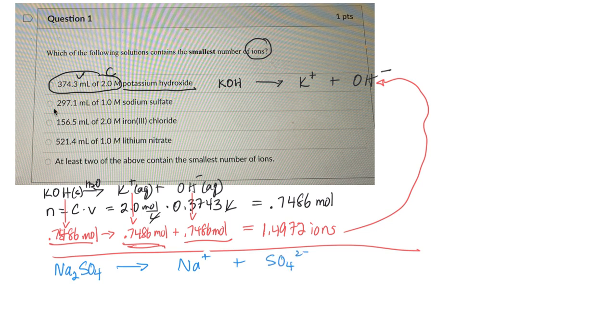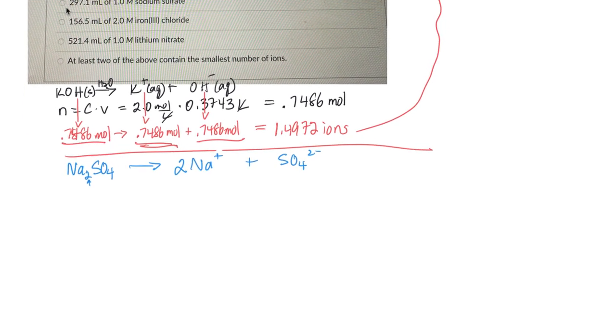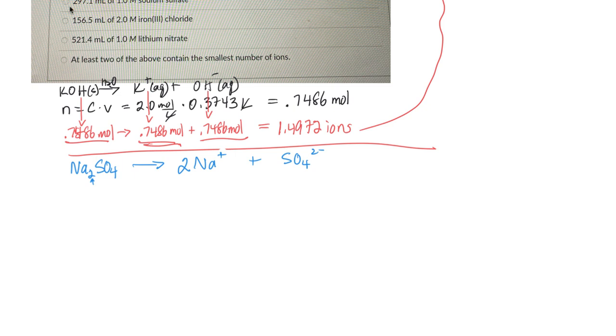In this case, you get 2 sodium ions because of that 2 right there. I'm just going to do the calculations over here. The volume is 0.2971 liters, and the concentration of sodium sulfate is 1.0 moles per liter.